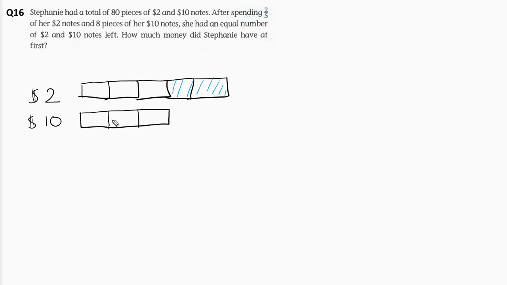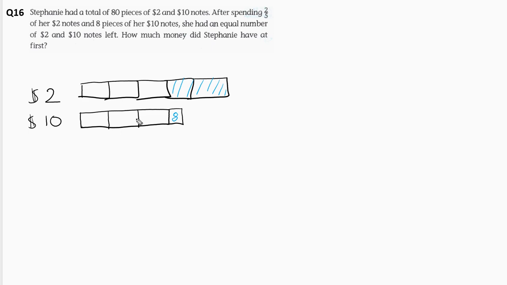But I want to know how many $10 notes were there to begin with, where there was also this additional amount of 8. There was also this 8, and that's these 8 notes that have been spent. It's not $8. It's 8 notes. So we know that this equals this. These are 6 equal parts here.